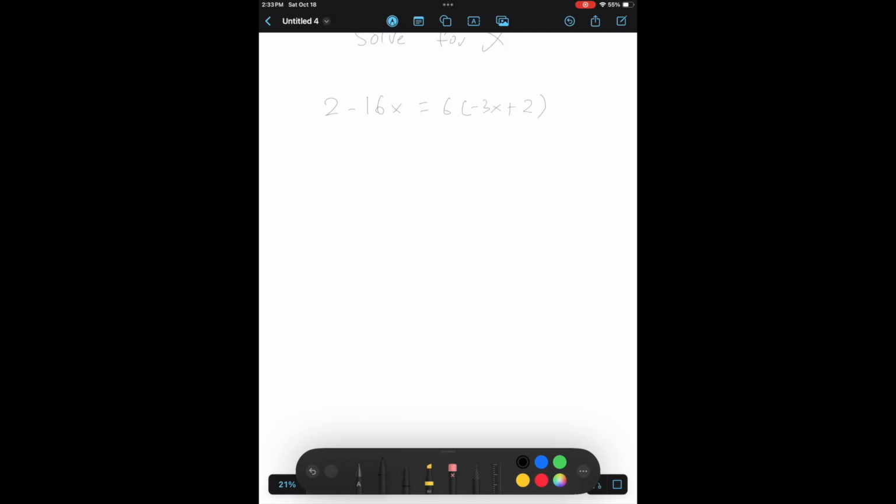So first things first, let's simplify. Distribute the 6, which becomes negative 18x plus 12.